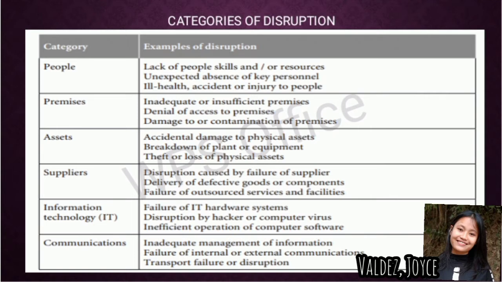And then the last one, but not the least, is communications: inadequate management of information, failure of internal or external communications, and transport failure or disruption. Those are the categories and examples of disruption.